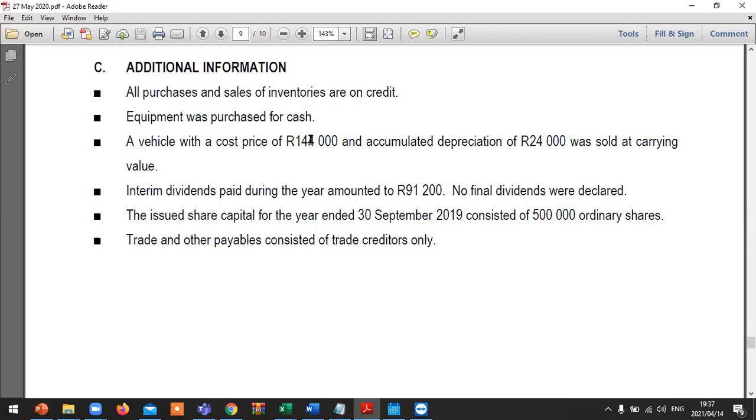But if you are given the accumulated depreciation under additional information, it would mean that there's a specific fixed asset that was sold. So it is impossible to be given accumulated depreciation for any asset beside the one that was sold.